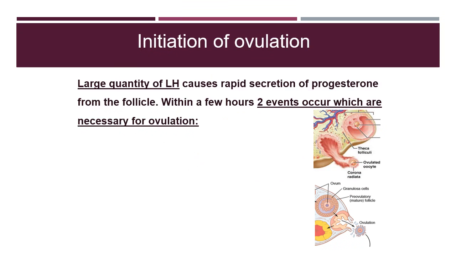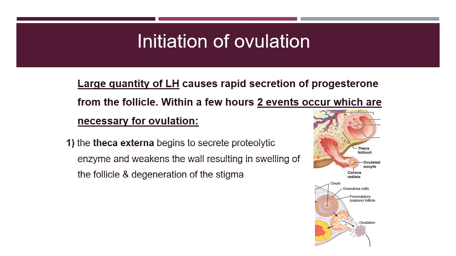After the LH surge, there will be increase and rapid secretion of progesterone from the follicle, as we mentioned. Then, a few hours later, 2 events will take place that are necessary for ovulation. The first event: the theca externa will begin to secrete proteolytic enzymes that will weaken the wall of the follicle, resulting in swelling and degeneration of a structure called the stigma on the follicular wall, which is a small protrusion of the follicular wall.